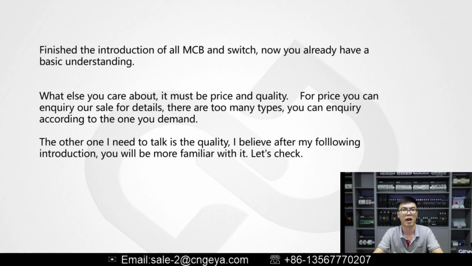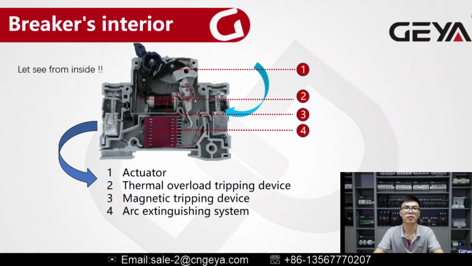And then the other one I need to talk about is the quality. I believe after my following introduction, you will be more familiar with it. So let's check. Let's see from the inside. This picture is for our GM8 model. Basically, the body structure is C45.